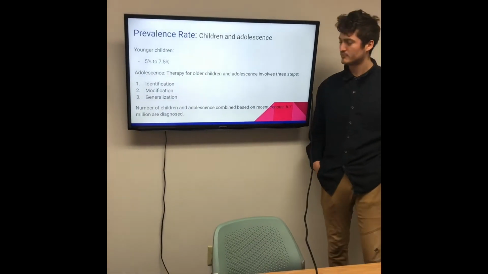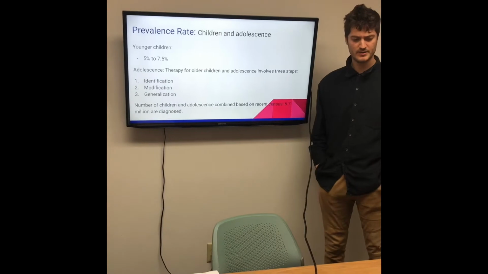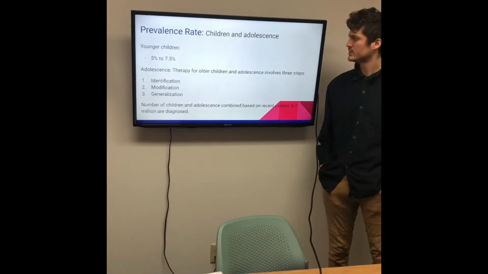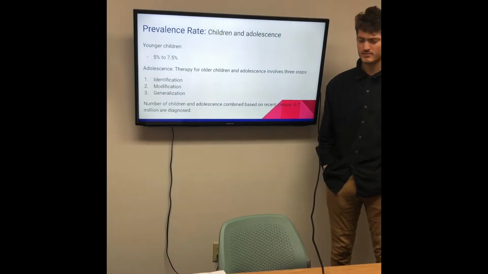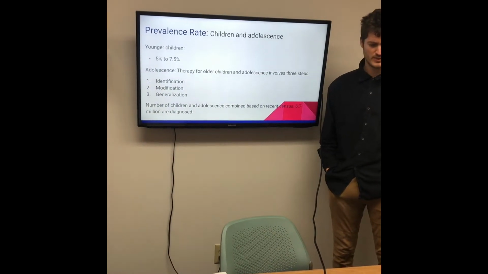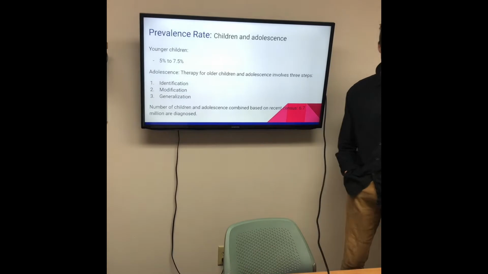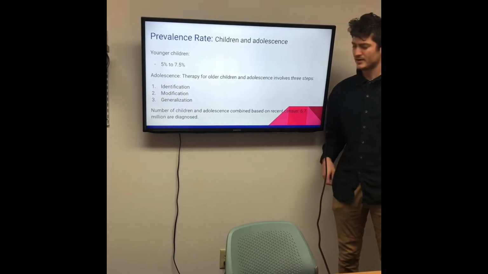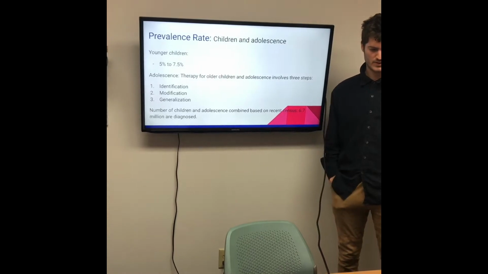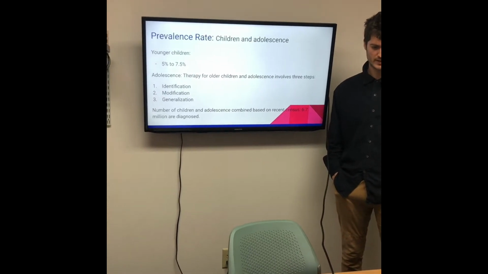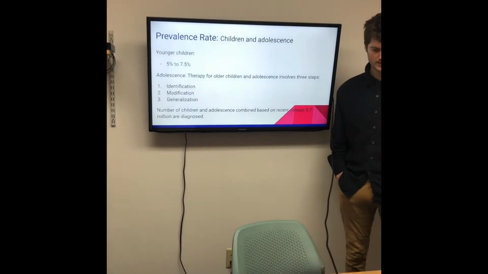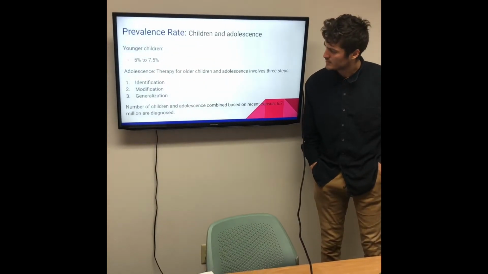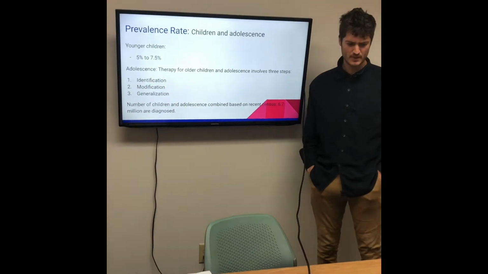So now we're going to look at the prevalence rate of LD in children and adolescents. In younger children, we're seeing about 5 to 7.5% of the population having LD. Then we're going to talk a little bit about adolescents, because in order to do therapy for older children and adolescents, there's typically 3 steps that we go through: identification, modification, and generalization.